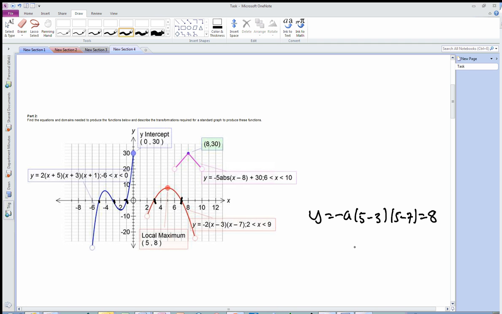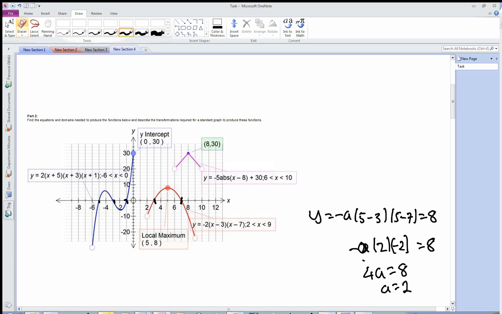So 5 minus 3 is 2, so we get minus a into 2. 5 minus 7 is actually negative 2. It's got to equal 8. So we're left with 4a equals 8, so a must equal 2. So that's where that 2 there comes from.